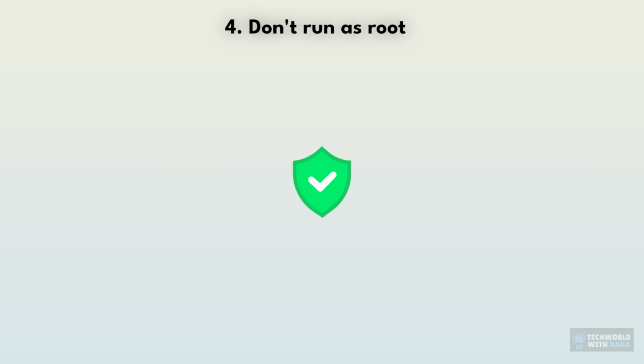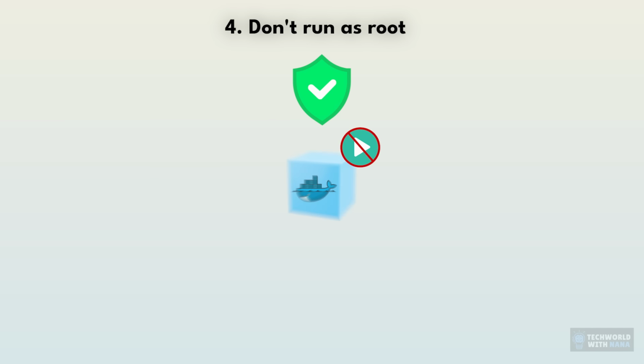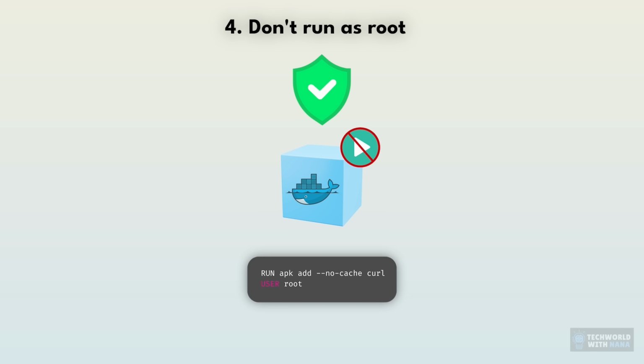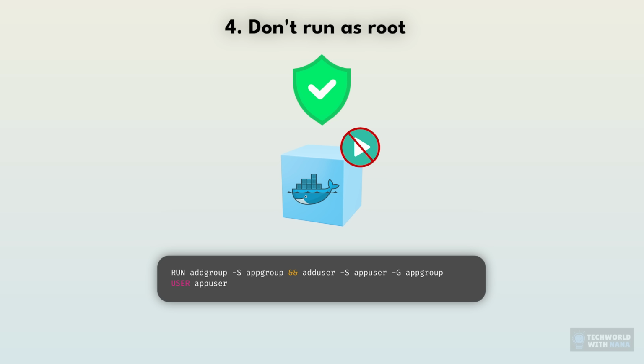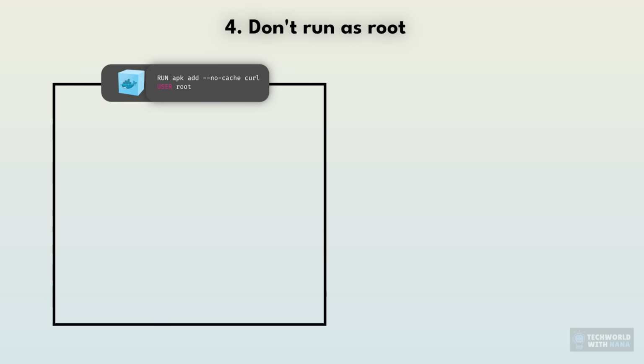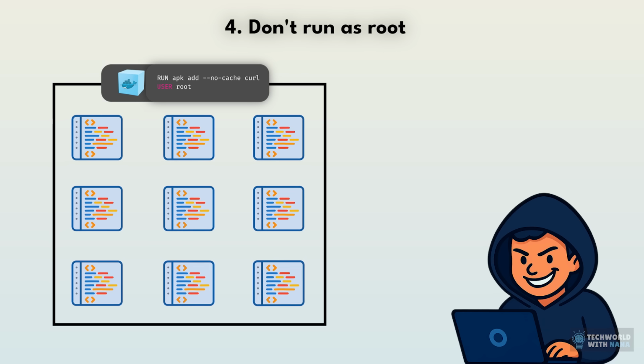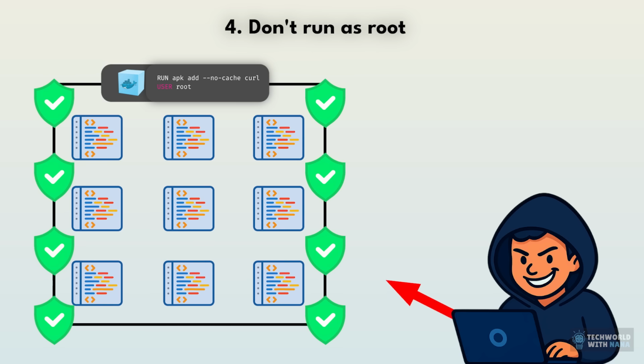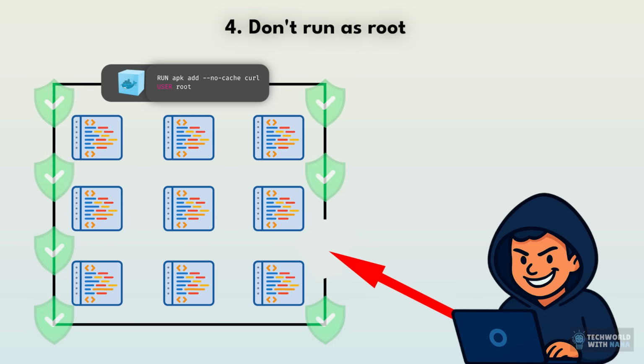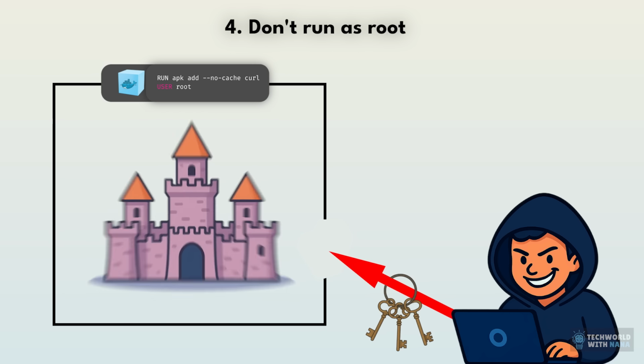Another security best practice in production is to not run containers as root. Always add a user and switch to that user. If your container runs as root, it's basically like giving admin privileges to every piece of code inside. If an attacker breaks into your container, they just get the keys to the kingdom.